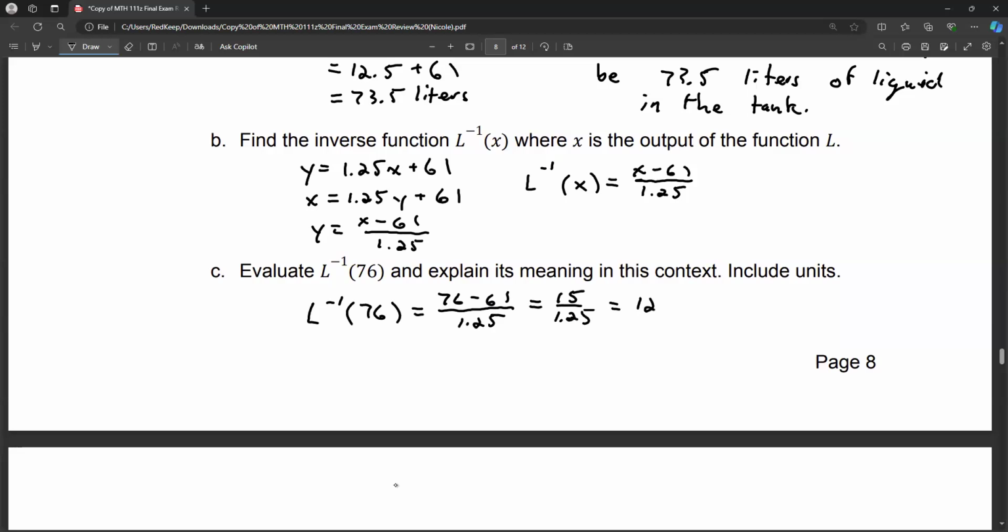So here you can say this in a few different ways. My brain initially said it'll take 12 minutes for the tank to reach 76 liters. That's how I was thinking about this. You could also say if the tank has 76 liters, then it has been filling for 12 minutes. And of course, in that statement, you always make sure that you include the units.